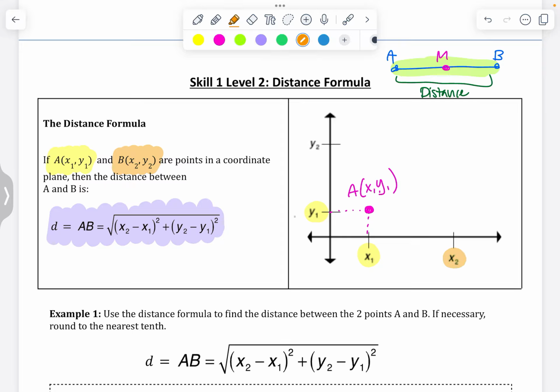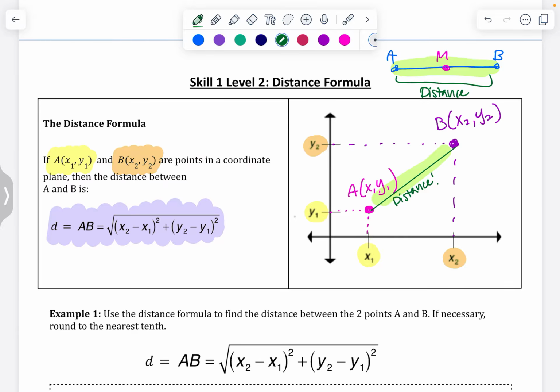So here's x2, here's y2, and I'm going to see where they meet. They meet right there. So here's point B, x2, y2. What we are going to be calculating using this big formula is the distance between the 2 points. So this distance right here is what we're trying to calculate using this distance formula.